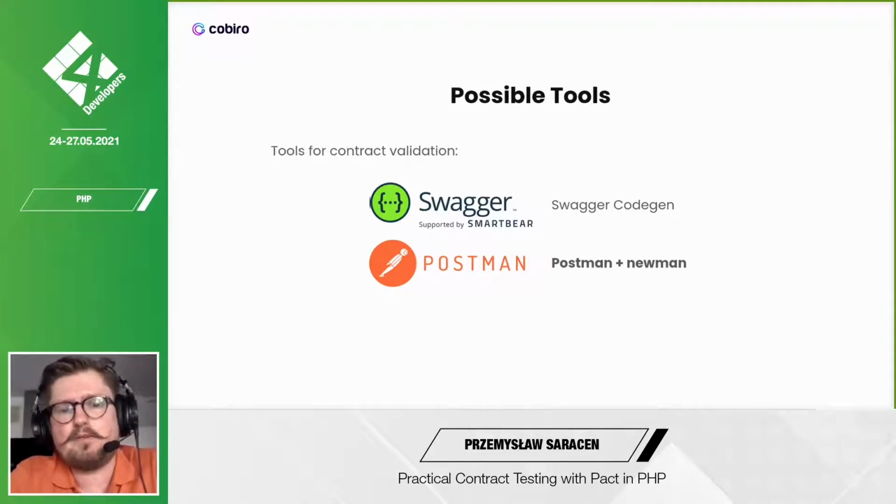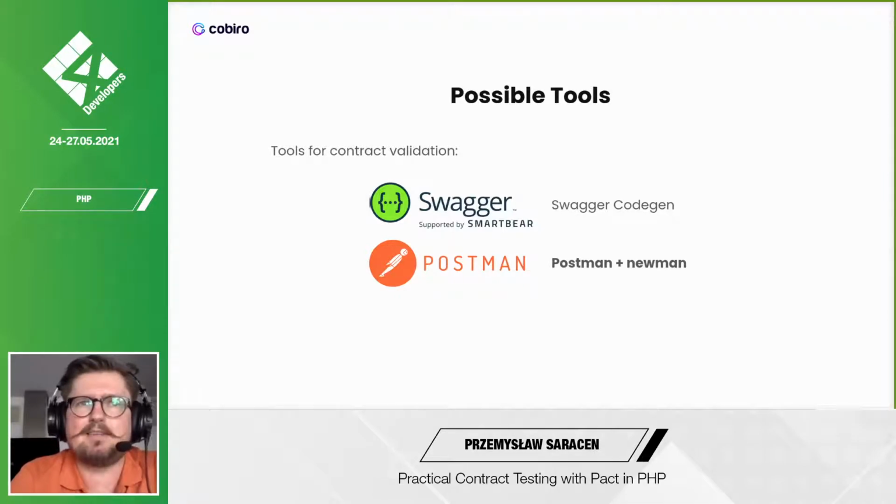Probably most of you have used Postman or are still using Postman. I think it's a wonderful tool which can be used, of course, as an API documentation, which is readable both by developers and non-developers, and also can be used as a testing tool, not only because you can actually run requests using this tool, but also you can write some tests.